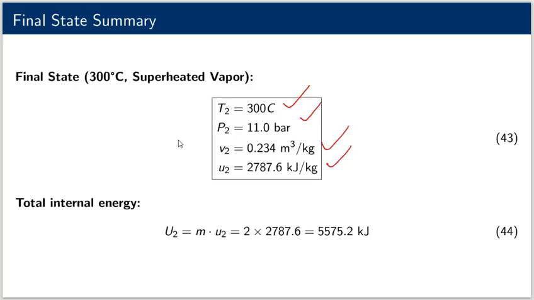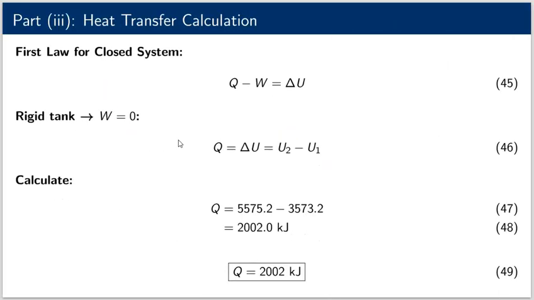The total internal energy is M2 times small u, giving 5575.2 kilojoule per kg. From the first law, Q minus W is del U. Here W is 0 because del V is 0, constant volume. So the heat transfer Q is U2 minus U1, and we get Q equal to 2002 kilojoule.